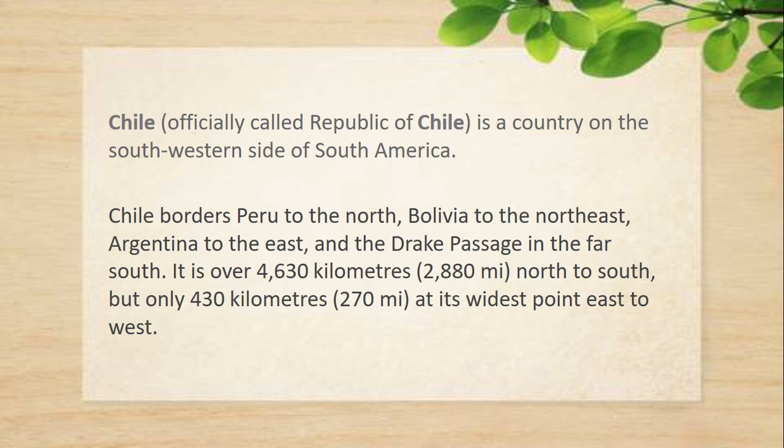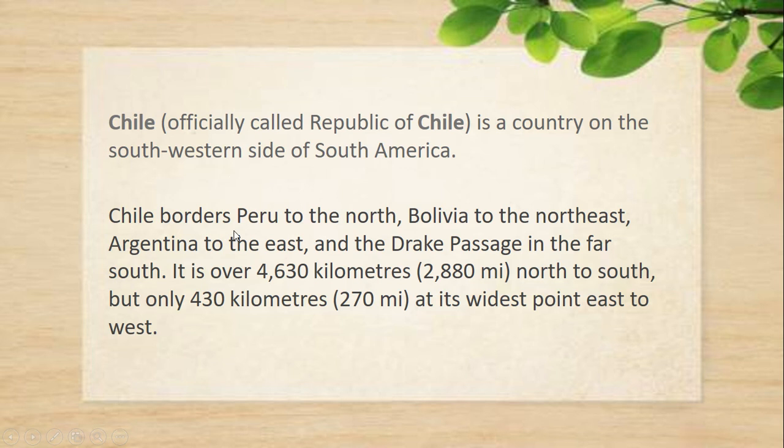So for example, the antipode of Dhaka is situated over the Pacific Ocean near Chile within the territory of South America. About Chile, follow. Chile, officially called the Republic of Chile, is a country on the southwestern side of South America.